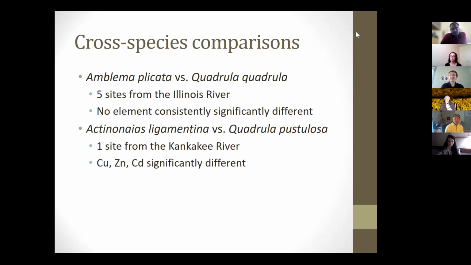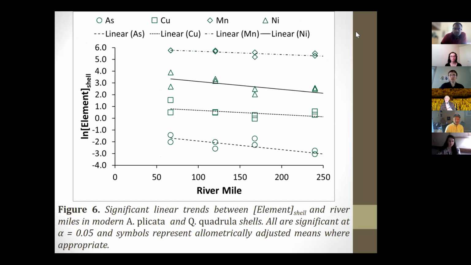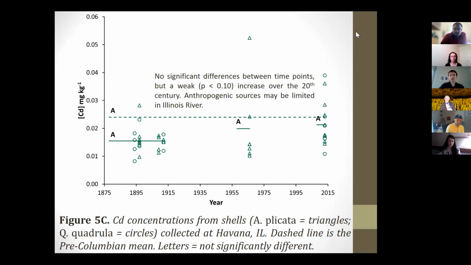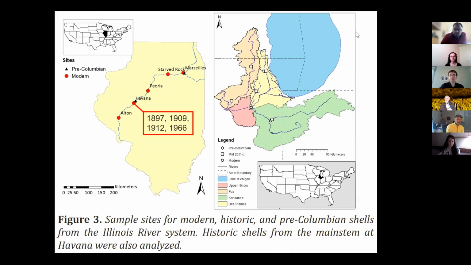So it's funny, if you look at the dates that we have for the shells from Havana, we have some from the 1800s. Oh, let's go back to the map. It's a little clearer. So we have those clustered together from like 1897 to 1912. Well, if you look at the information on freshwater mussels in general, that was a time of a lot of activity. I think it was one guy who was really into mussels and did a lot of work.